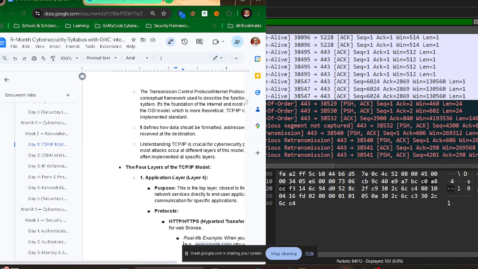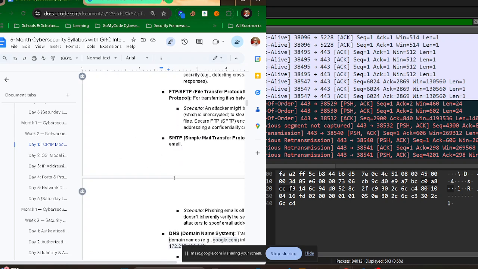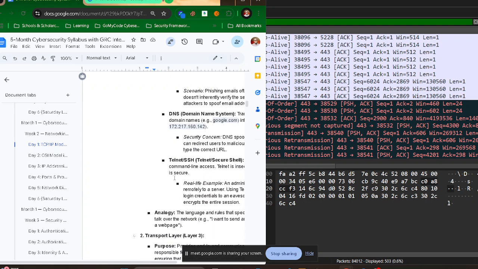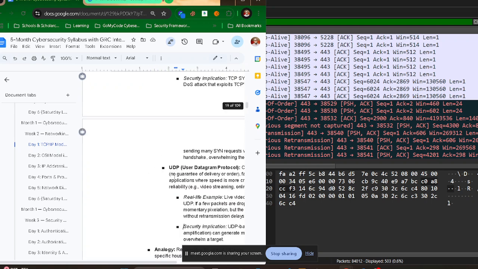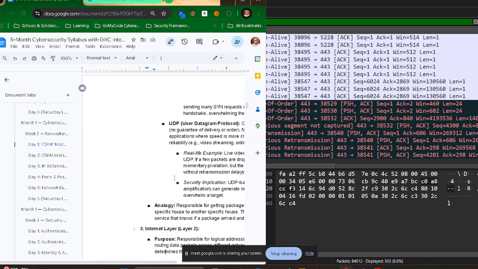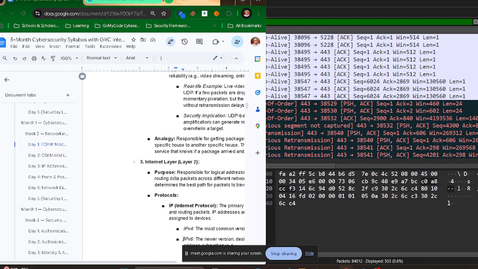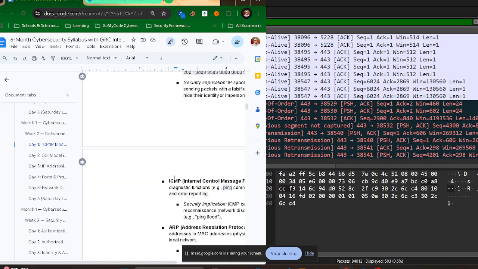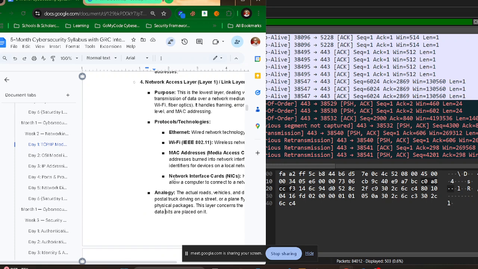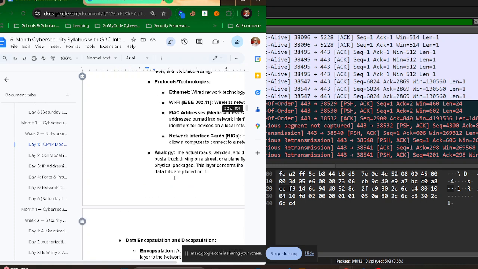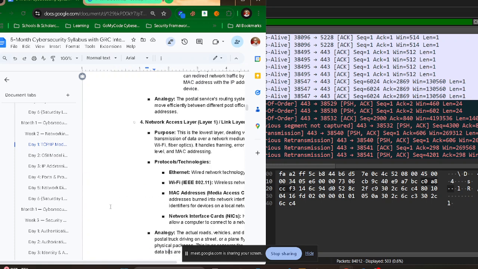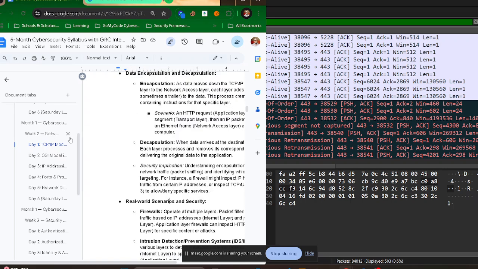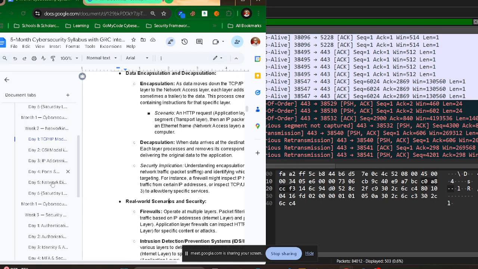Four layers: application layer, then transport layer, that's TCP, UDP protocol, the internet layer, then the network layer. So those are the four. Anything practical is Saturday, that day six, and that's where you see the Wireshark for this week too.